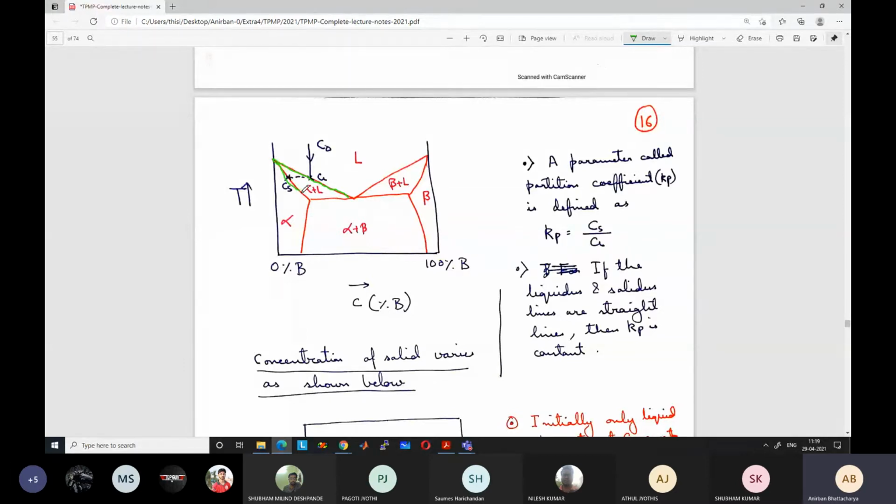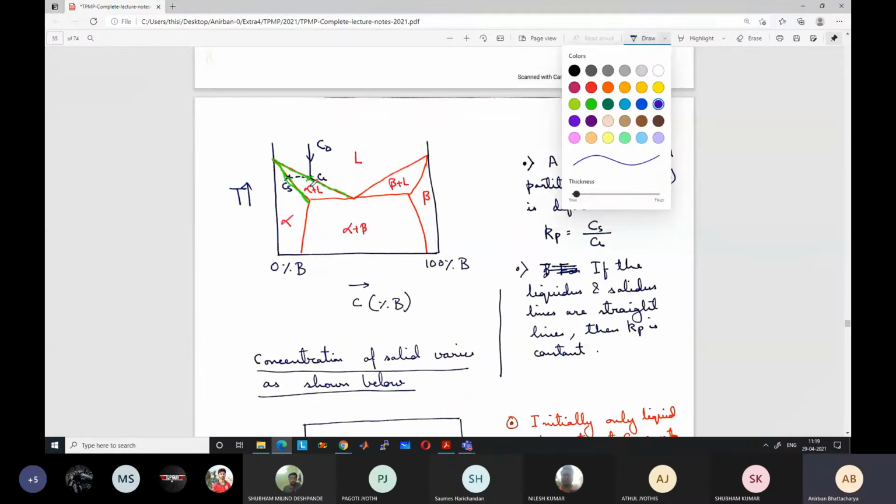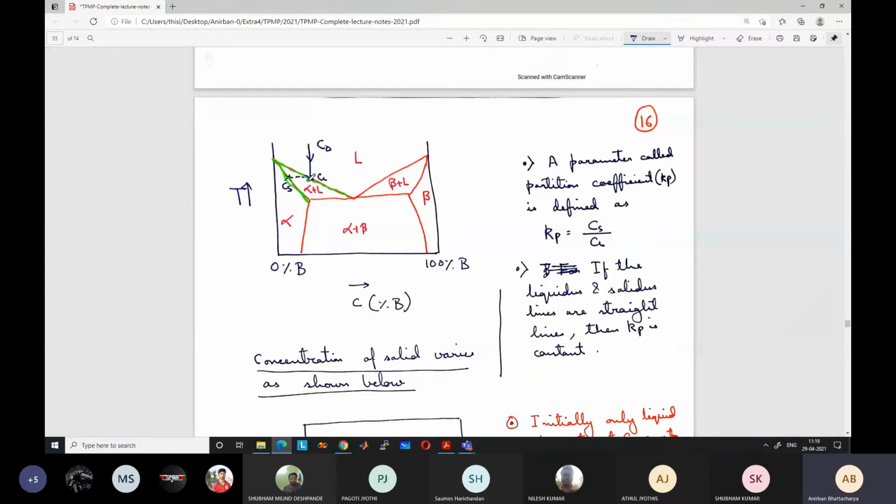We had discussed previously that when the solid forms, if the concentration in the liquid is Cl, the solid forms at concentration Cs. If we draw a horizontal line like this, the first solid forms at concentration Cs.